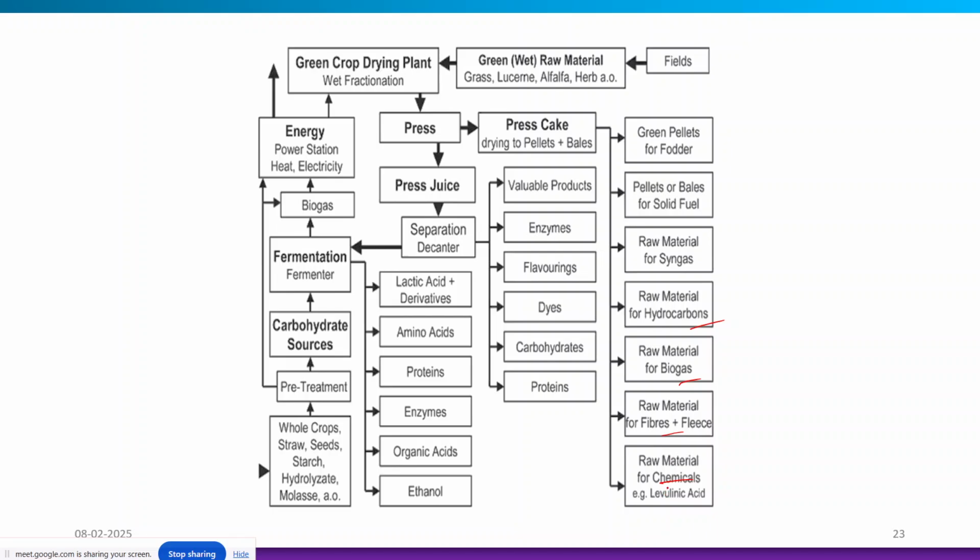And also the press cake, these are the category of the other products derived from the press cake.